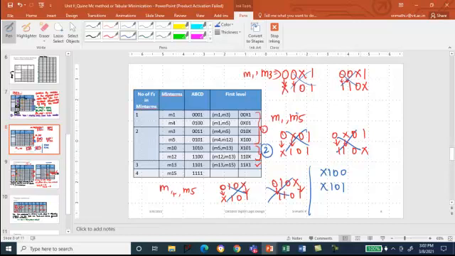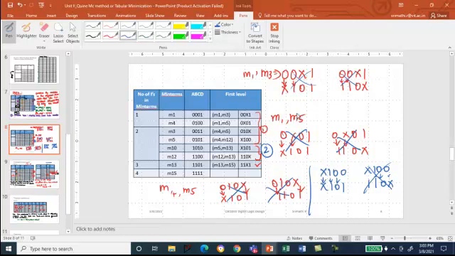So x100 will be compared with x101, and x100 has to be clubbed with 110x. If you look ahead, this is same, this is same, this is same, only this is different. Whereas these two are different. So this combination is not possible, whereas these two is possible.